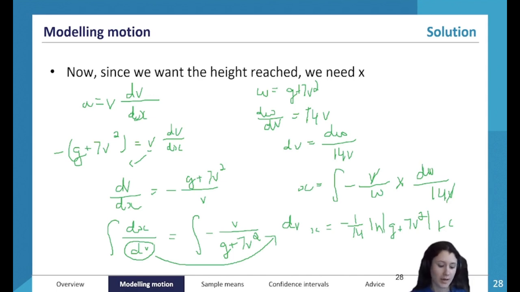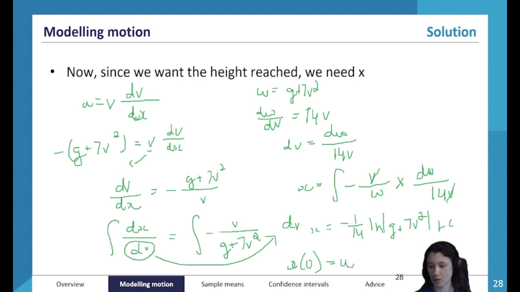So we know that when x equals 0, our velocity, we know that when time equals 0, x of 0 is equal to u.